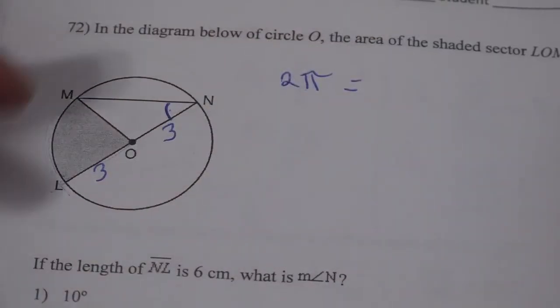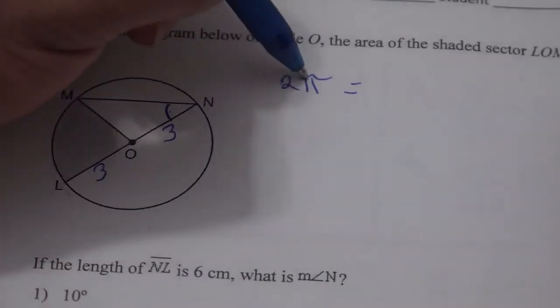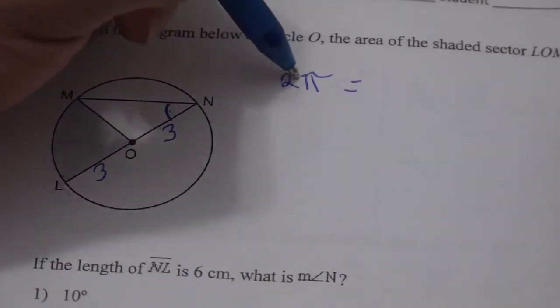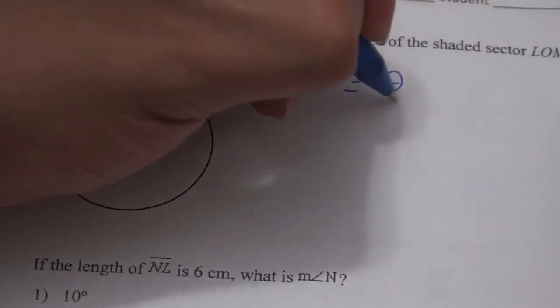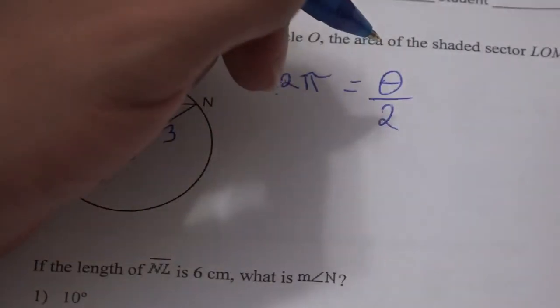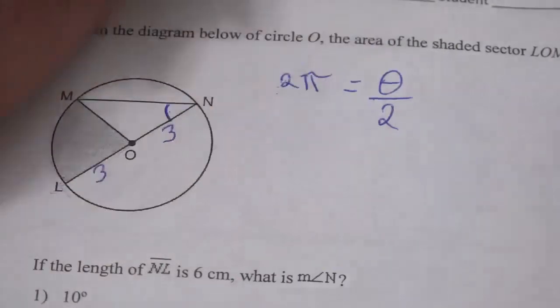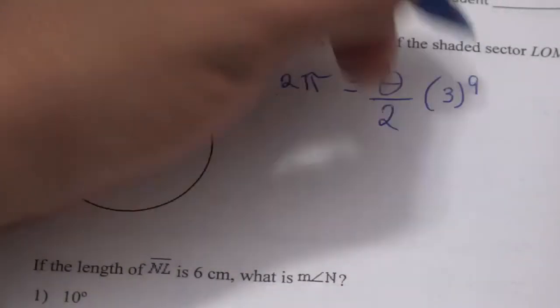If I recall the formula, because I want to find the angle, the area of the sector is equal to theta over 2, since the angle is in radians, times r squared, which is 3 squared.